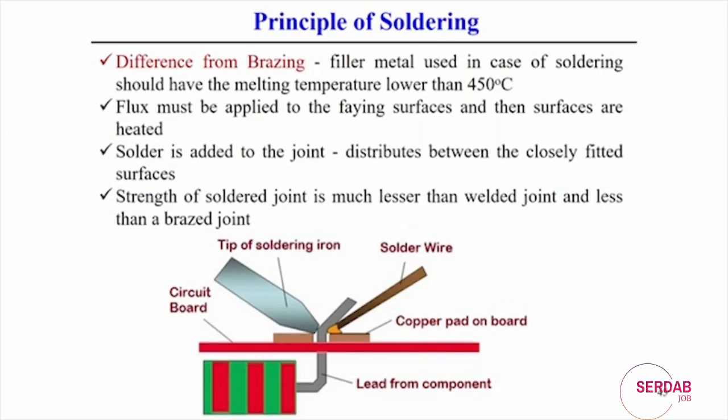So, the filler metals may be different as compared to the brazing techniques. Flux is normally applied to the faying surface and then the surfaces are heated. Solder is added to the joint and then distributes between the closely fitted surfaces.